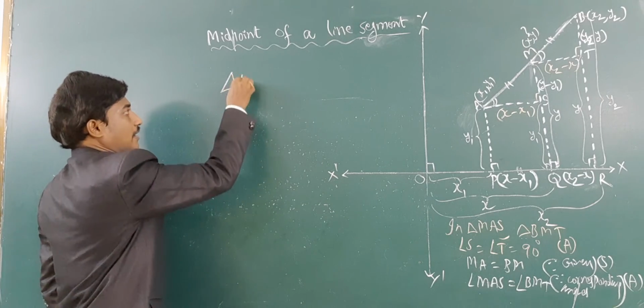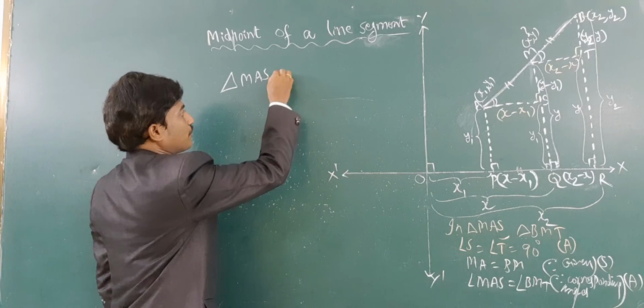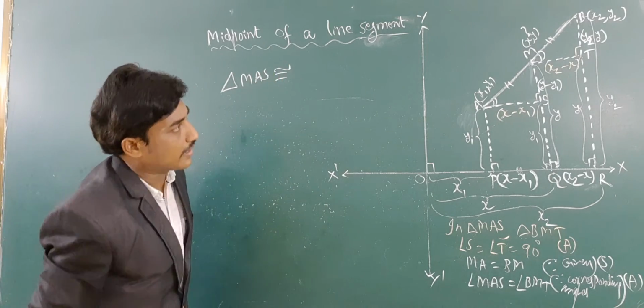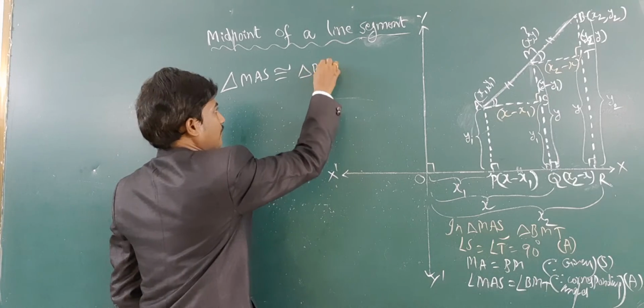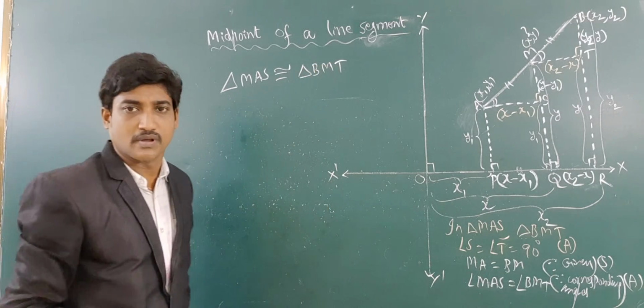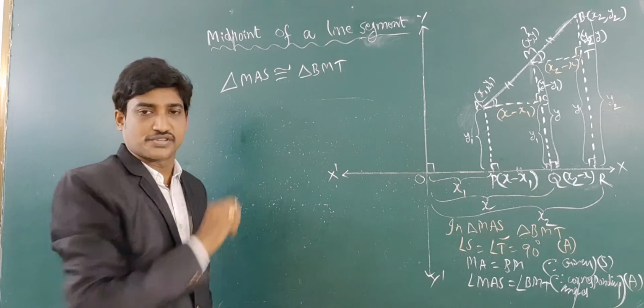We know in congruent triangles corresponding parts are equal.